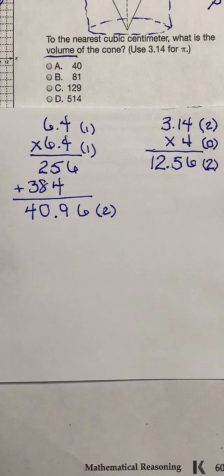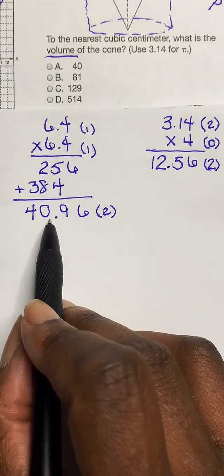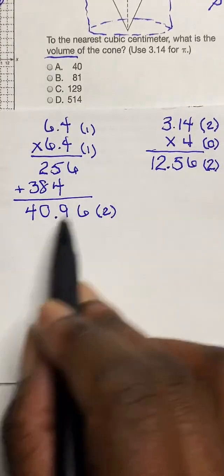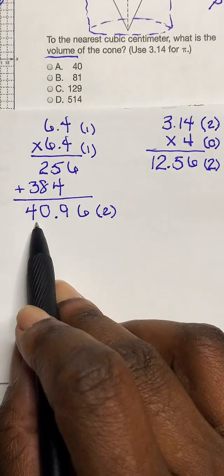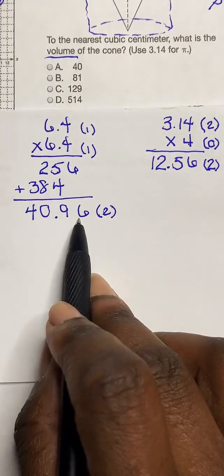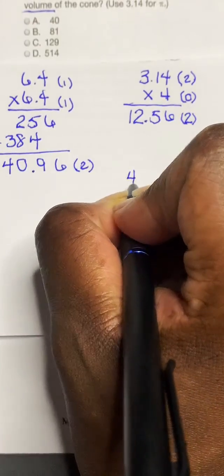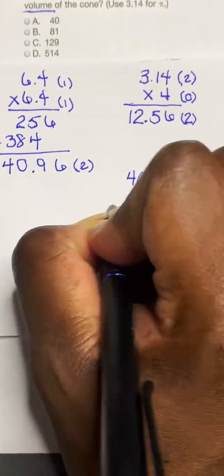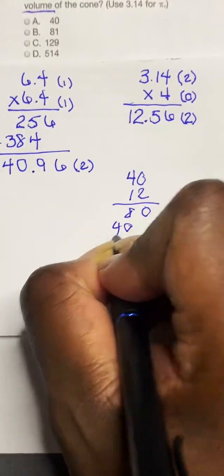Okay, so just knowing what we got, I know if I'm multiplying, I'm not adding these two. I've got to multiply them. Just looking at the 12 and the 40, not even considering anything after the decimal place, that's 0, that's 8, that's 0, that's 4.